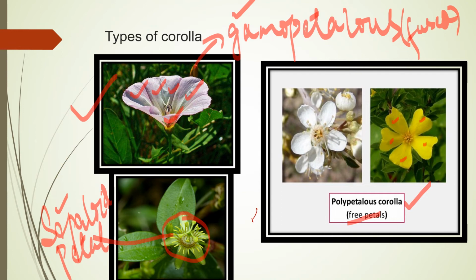If you are not very clear about this, please go through this video again and again so that you can be very clear about this part, that gamopetalous, gamosepalous, polysepalous. The same thing in the sepals also we studied. When the sepals are fused or the calyx is fused, it is called gamosepalous. Here instead of sepal, the term petal is coming. So is it clear to everyone?